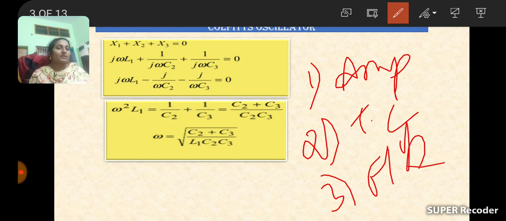So an oscillator requires an amplifier, a feedback network, and a tank circuit. Obviously we already know the amplifier is made with a transistor circuit.